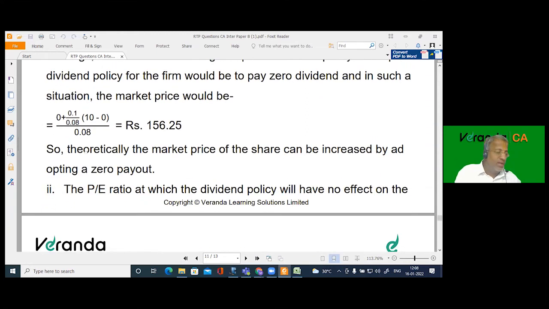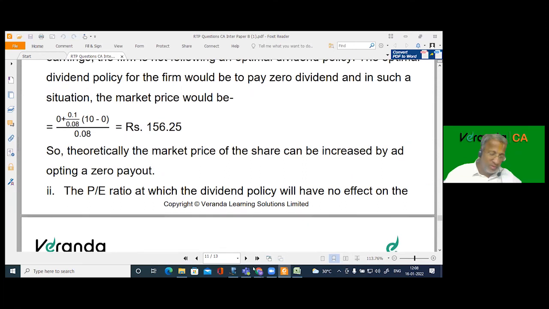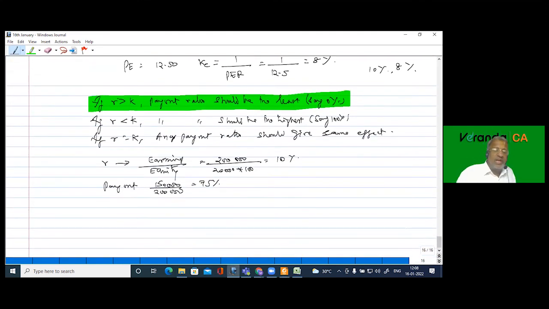So just see, theoretically the market price of the share can be increased by opting for zero payout. Since R is greater than K, the payout should be the least, zero payout. So now with this, what is the market price per share? Present market price per share is equal to dividend of 7 rupees and 50 paisa plus 10% divided by 8% into 10 minus 7.50, the whole divided by 8%.